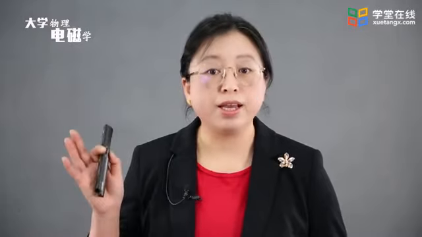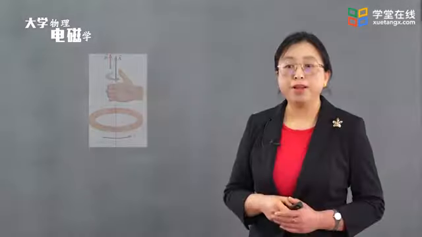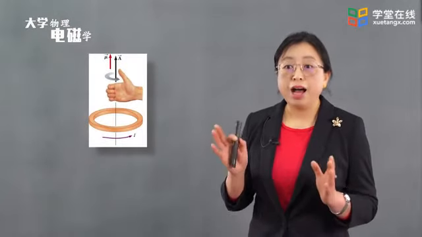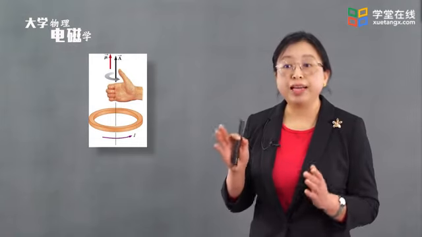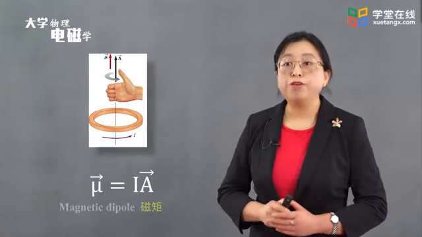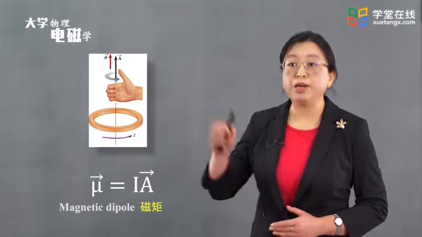Therefore, we can find the magnetic dipole moment associated with this equivalent current due to the orbiting electron. Please recall the magnetic field produced by a circular loop carrying a current I. For any current loop, we define a magnetic dipole moment, mu.